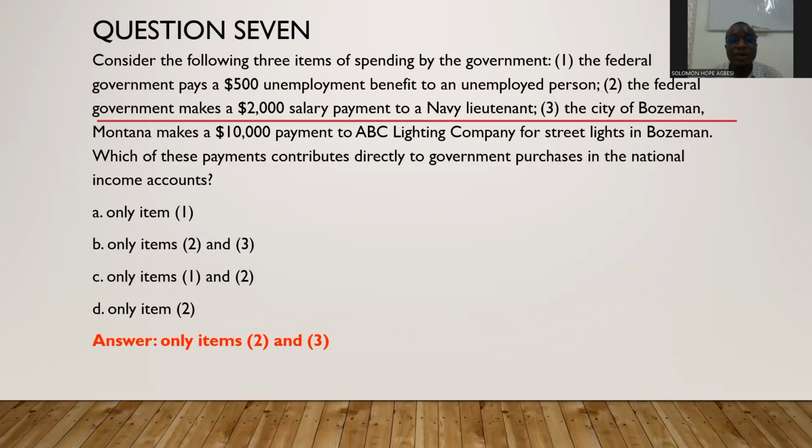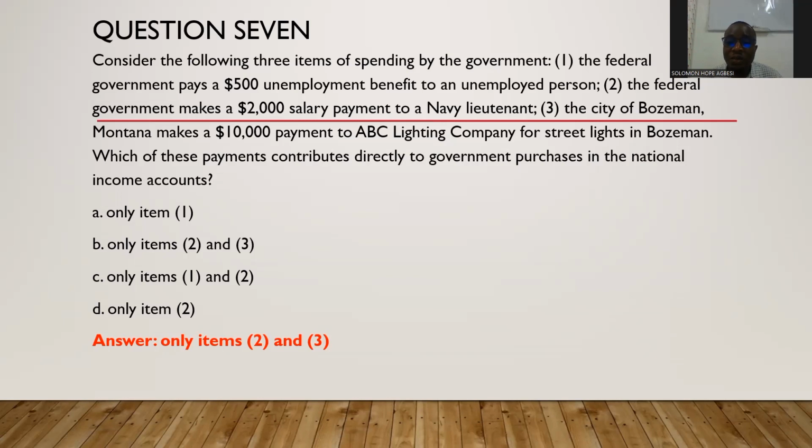But in the second case, where the federal government makes a $2,000 salary payment to a Navy lieutenant, this is a payment given to a productive person and can be said to contribute directly to government purchases. So the government is purchasing the services of the Navy lieutenant.